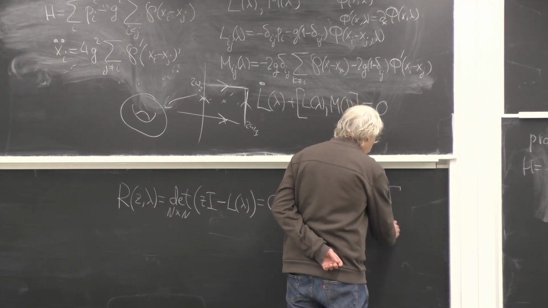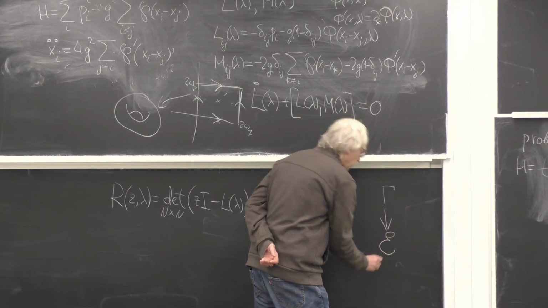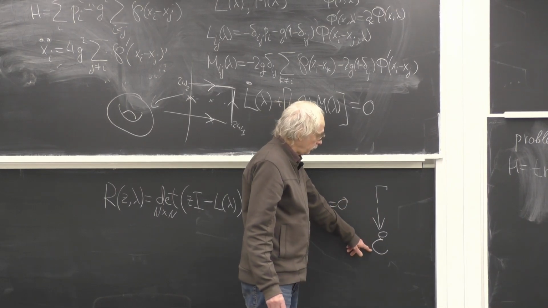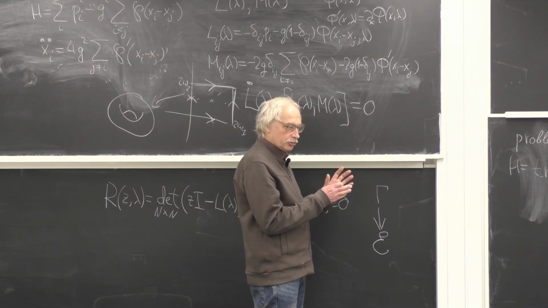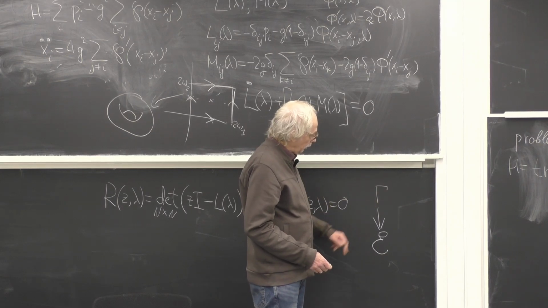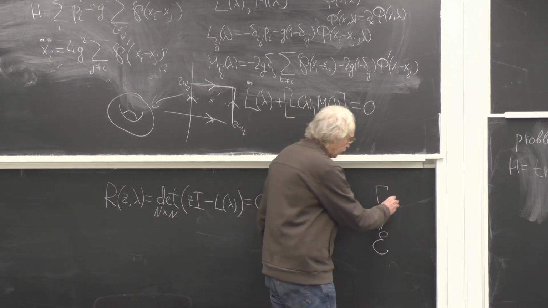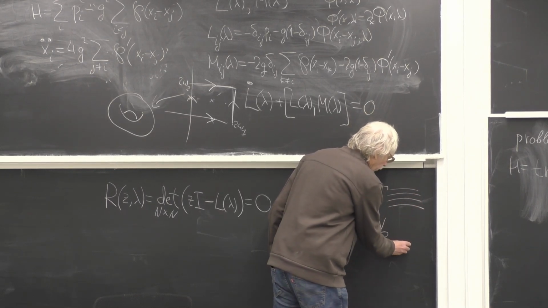And by construction, we have a covering of the original elliptic curve with periods 2 omega 1, 2 omega 2, by this spectral curve. This covering has n sheets.